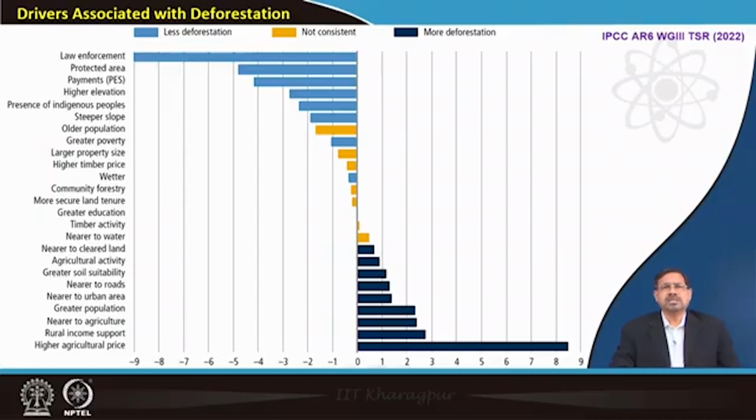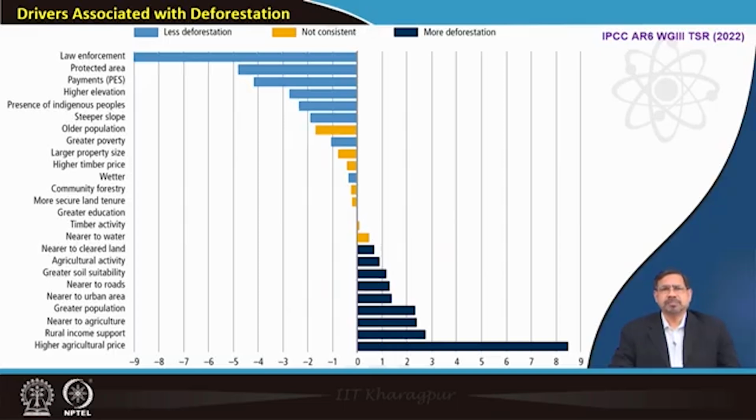So, now let us understand the drivers. There are a lot of drivers. You can see on the left hand side where there is less deforestation, not consistent, and more deforestation, as far as the various drivers associated with deforestation are concerned. So, if law enforcement is good, then there is less deforestation, very highly efficient.